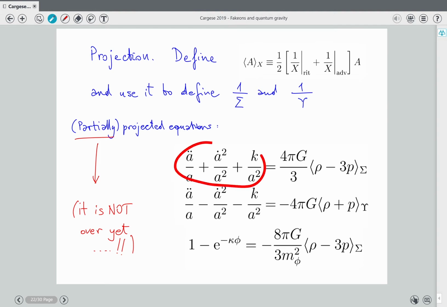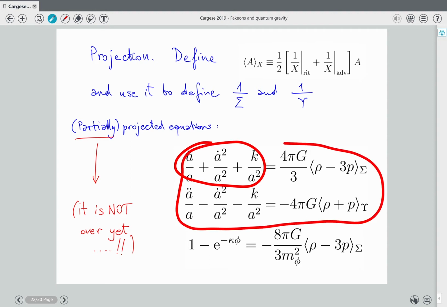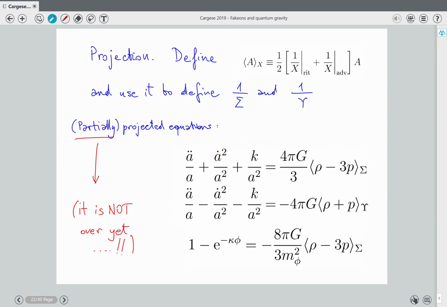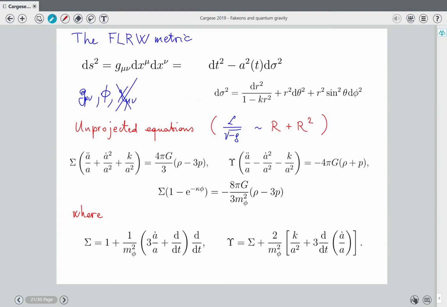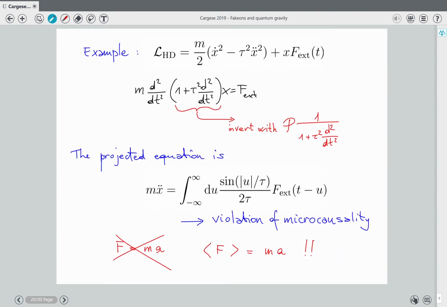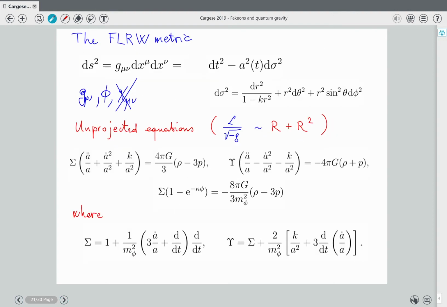They look like the normal Friedmann equations where on the right-hand side, instead of rho and p, you have averages. The averages are calculated with this prescription, which is retarded and advanced. So it's like the average of the force.